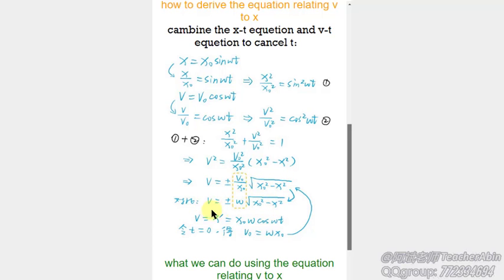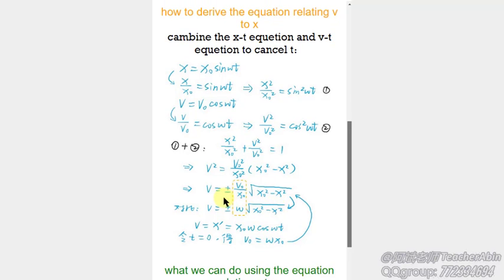Compared to the final equation we want, you'll find they're so similar. The only difference is this, in this orange rectangle I drew here in dotted line. So what we should do next is to prove they are equal: v sub 0 over x sub 0.